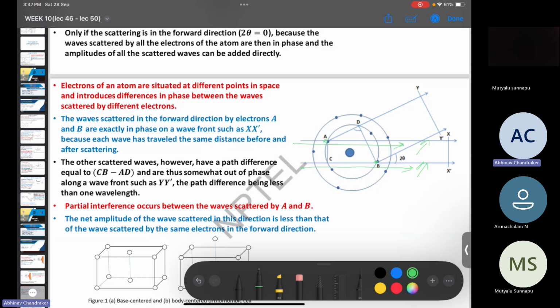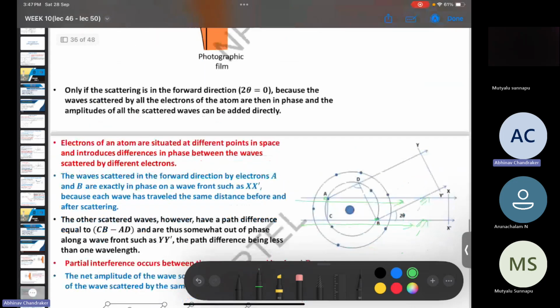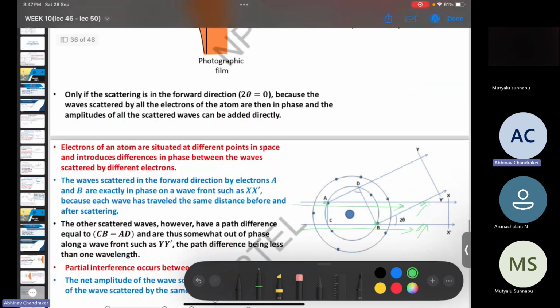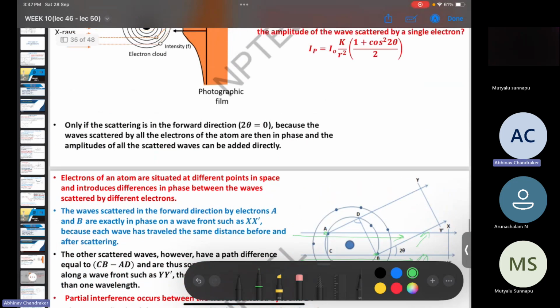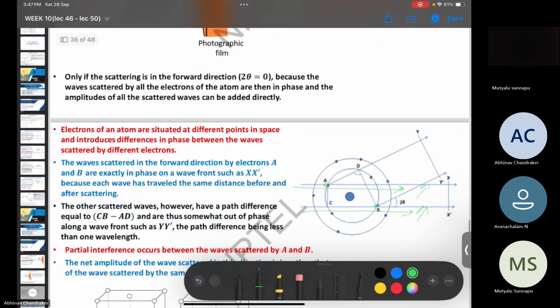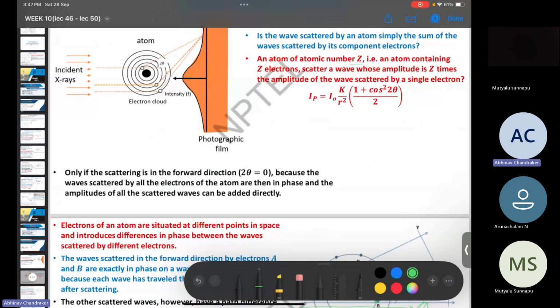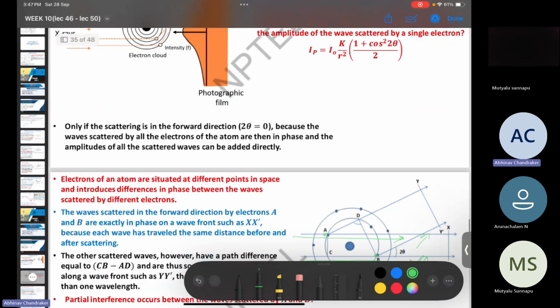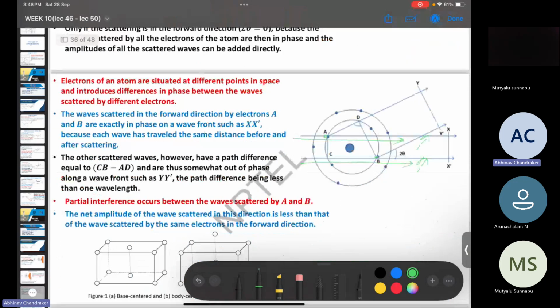So they will continue to be totally in phase, and as a result, if we have forward scattering, we can just multiply the amplitude of the scatter by the total number of electrons in the atom.